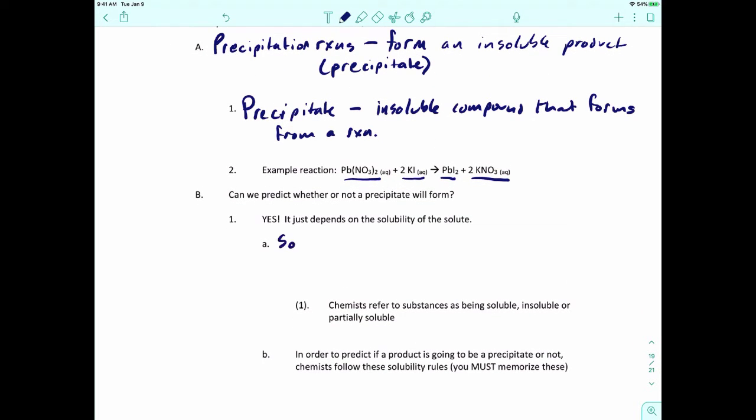So solubility is the maximum amount of solute that will dissolve in a specific amount of solvent at a given temperature. All right, so that was a lot to say, so let's start writing.